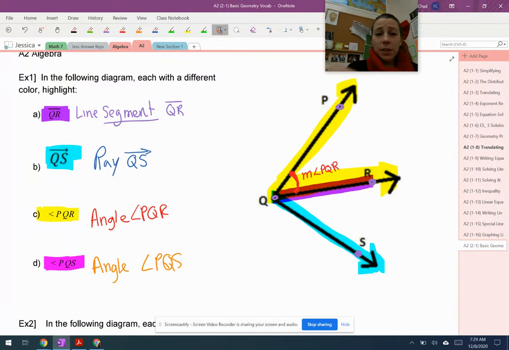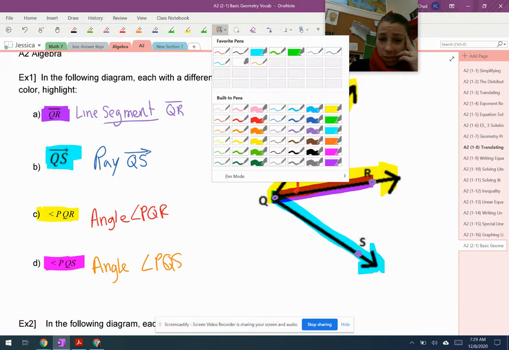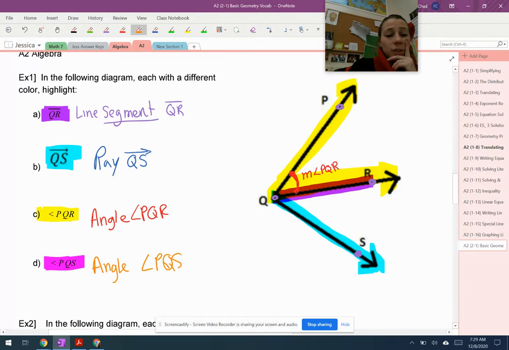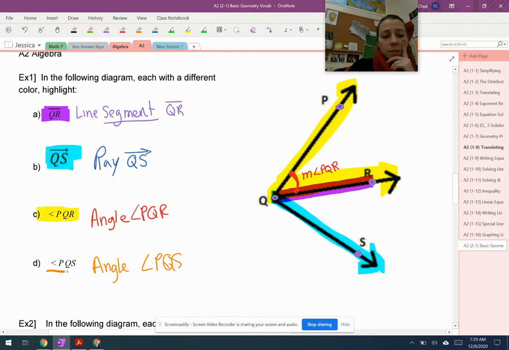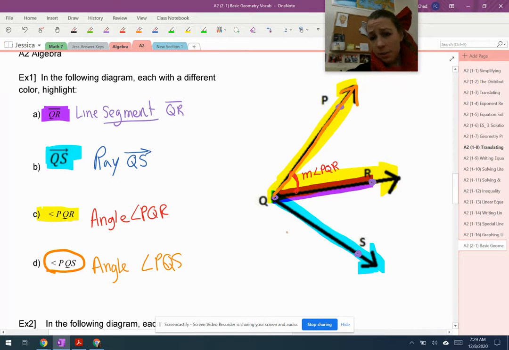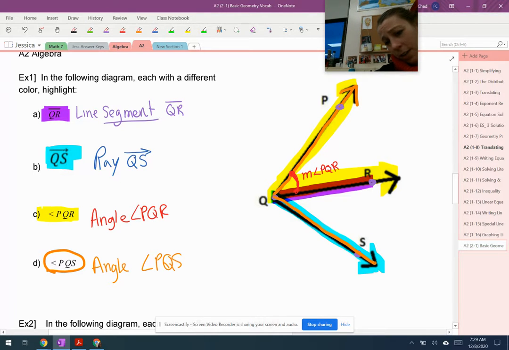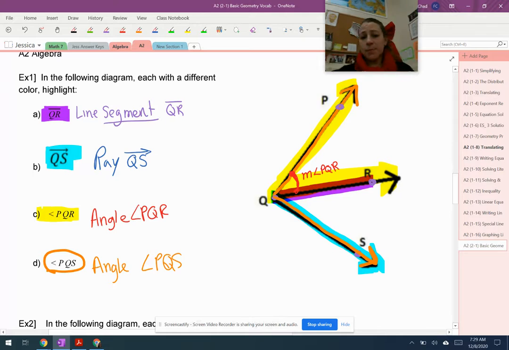So angle PQS, and this is going to get a little tricky. Maybe I'll just highlight it in orange instead. Angle PQS would be PQ and then S. So not too bad, I guess.